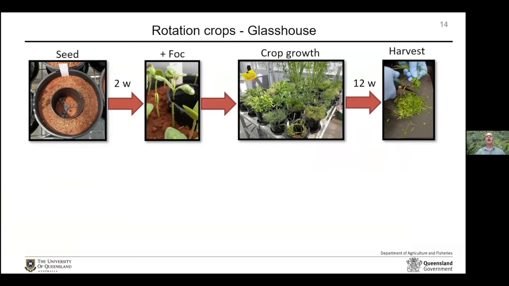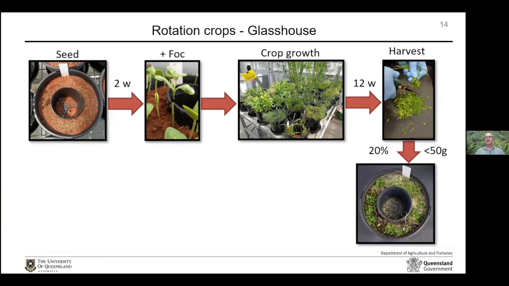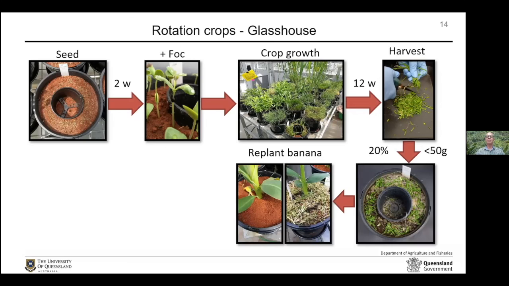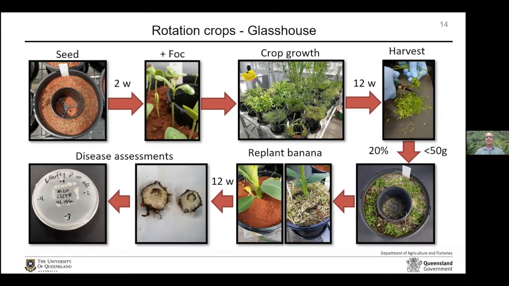The crops are then grown for 12 weeks before they're harvested, and then a root rating is done and recovery of Fusarium oxysporum. 20% of the tops are then returned to the tops of the pots, and a tissue culture banana placed in the middle of the pot once that central pot has been removed. This is then grown for another 12 weeks before a disease assessment is done on the plants and a destructive harvest.